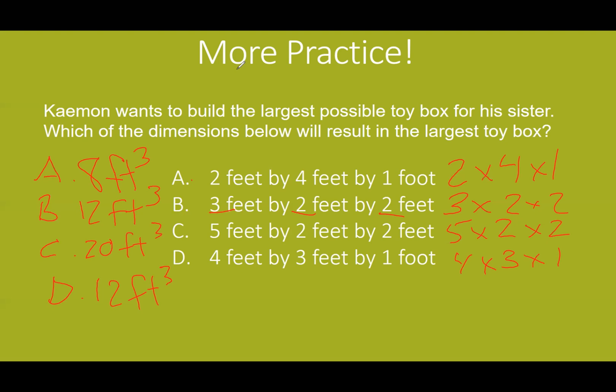So the answer, which dimensions will result in the largest toy box, is going to be option C. So Cayman's going to want to build that toy box 5 feet by 2 feet by 2 feet in order to get the largest toy box.